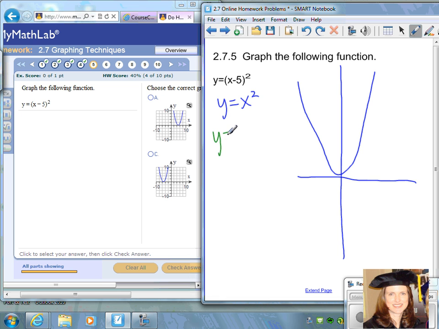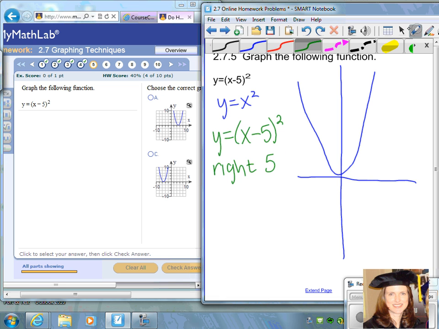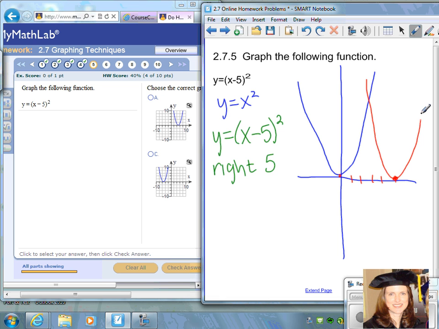It's been transformed, the quantity x minus 5, squared. This -5 means that this entire graph has been shifted to the right 5 units. So this point on the original, if we move it over 1, 2, 3, 4, 5, that's a new point on the graph. And our graph is a parabola that opens up that touches right there at +5 on the x-axis.